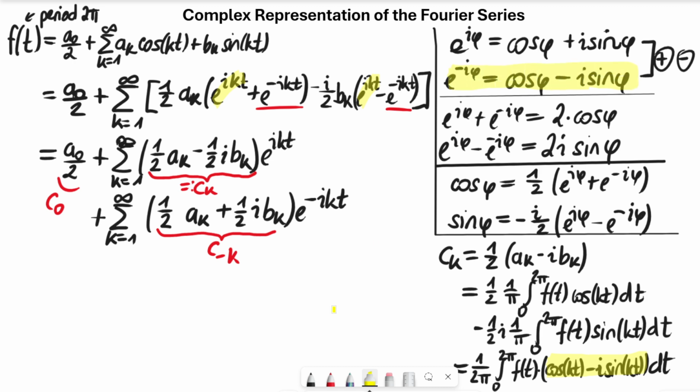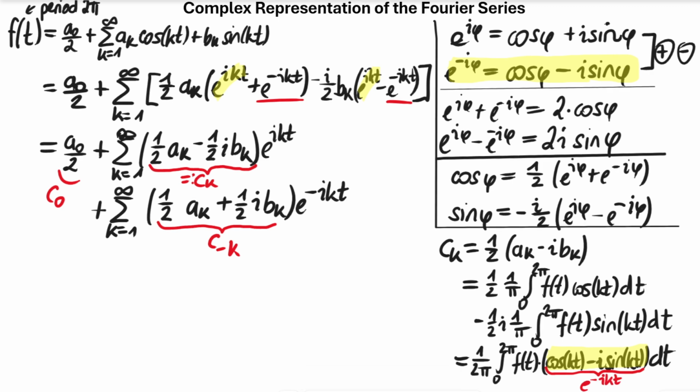So I can represent it again in terms of an e function. So this one is then e power minus ikt. I move it upwards so that you can see. So we have now found a formula for these c_k's.